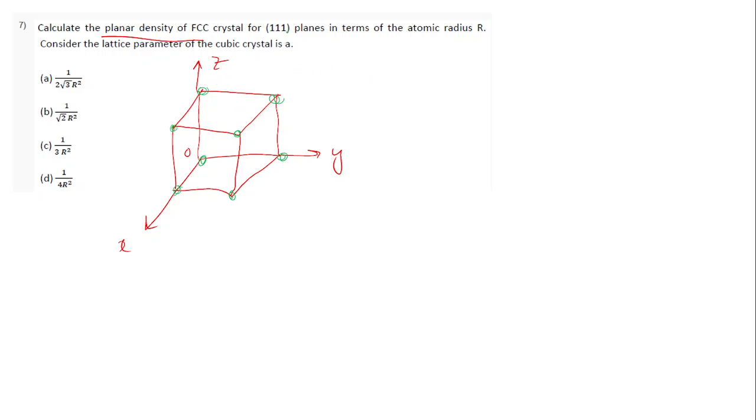We need to find out which plane we are talking about. 111 plane. Which is this 111 plane? I can draw here again, but just to keep it separate, 111 plane is the plane that intersects. Again, let me use another color.